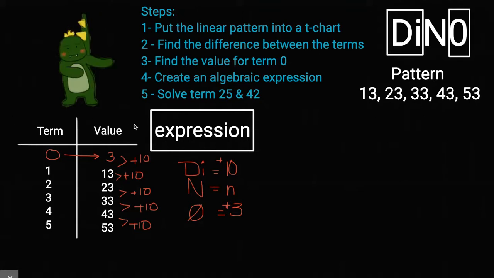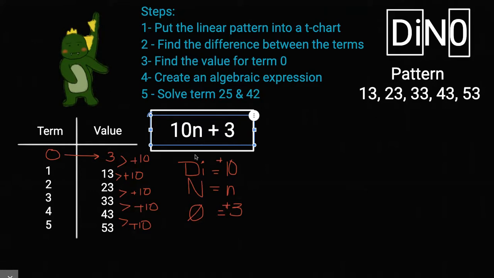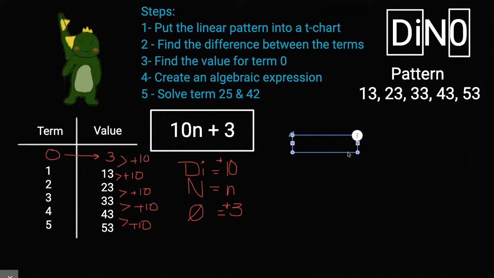Okay, I can now fill in my expression. Create an algebraic expression means I'm just putting the information in. 10n plus 3. Awesome. So I'm now looking for term 25 and 42. Again, I'm using a text box. I'm using the full expression to start, 10n plus 3.